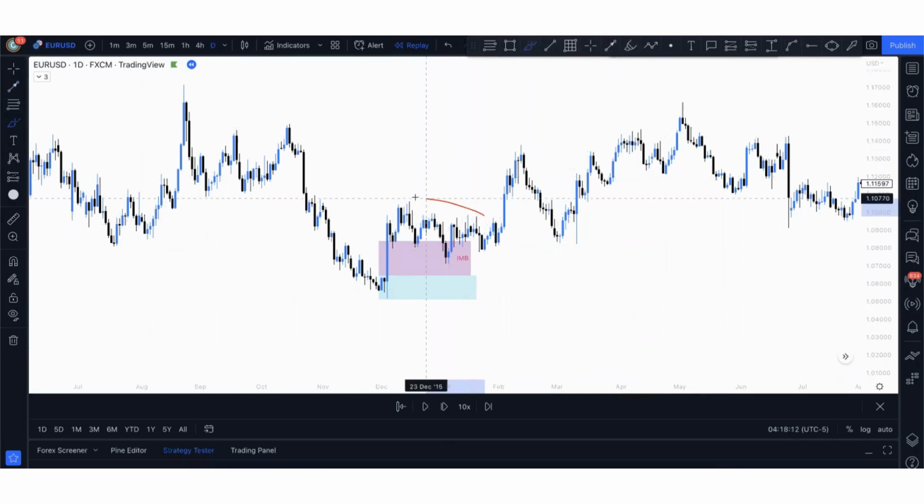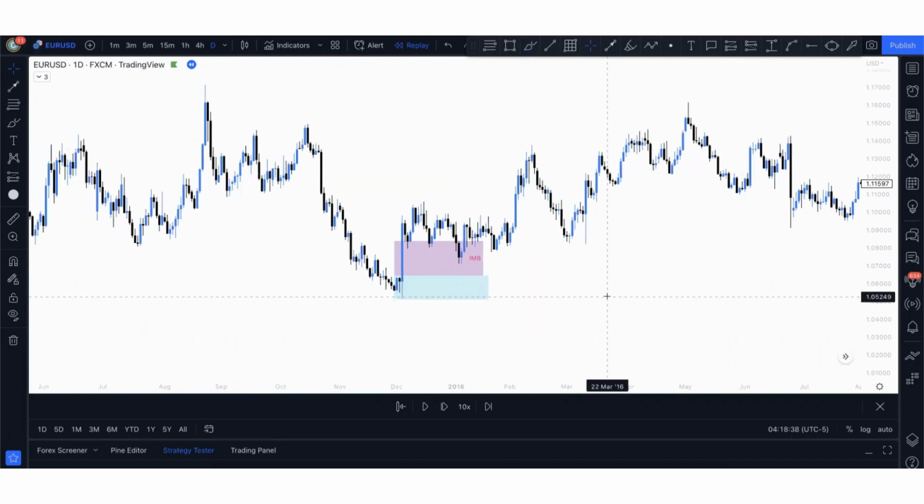This is a corrective move right here. As you can see, there's no momentum at all. The price is consolidating here. It came back to this area, filled the imbalance, 50% or 61% of it, and then pushed to the upside, right?